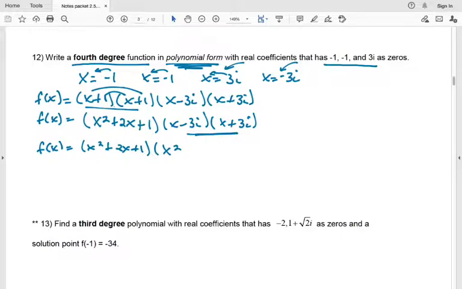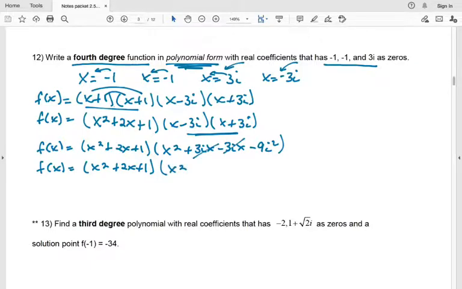So we get x squared plus 3ix minus 3ix minus 9i squared. Okay. So that leaves me with x squared plus 2x plus 1. Those cancel, so you're left with x squared minus 9. Remember, i squared is the same thing as -1. I'm really showing my work here. So we've got x squared plus 2x plus 1, and then we've got x squared plus 9.